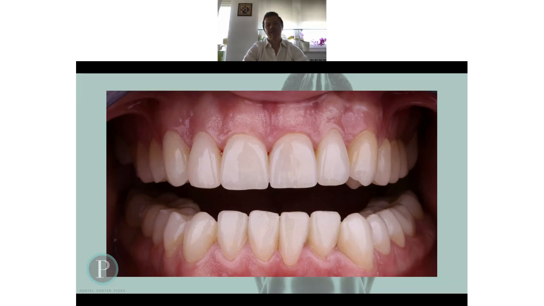But I wanted not to do the same, because you know that the gingival line is not the same. If you want the same level of the tooth, the same shape of the tooth, then in this particular patient in the lower jaw we have to do a gingivectomy to reshape the soft tissue.